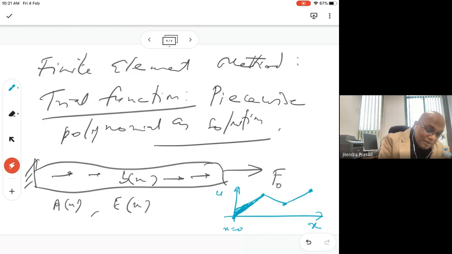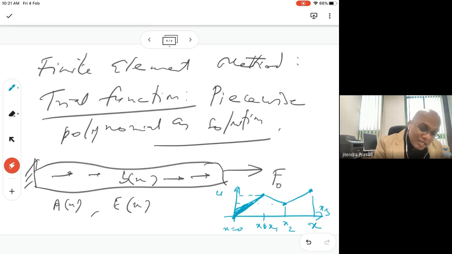Then somewhere, let's call it x equal to x1, this is x equal to x2, this is x equal to x3. And then accordingly, we have whatever the value. We say that we want a solution which looks like this, which is a piecewise line or piecewise polynomial.